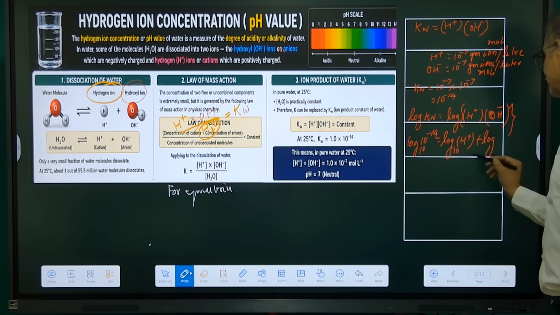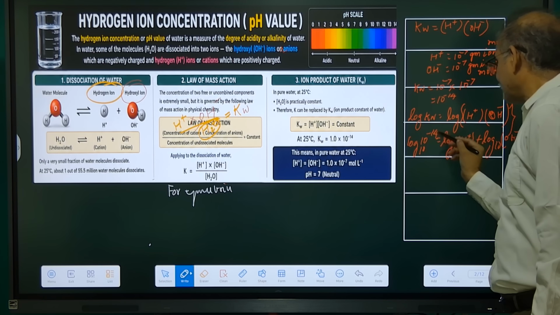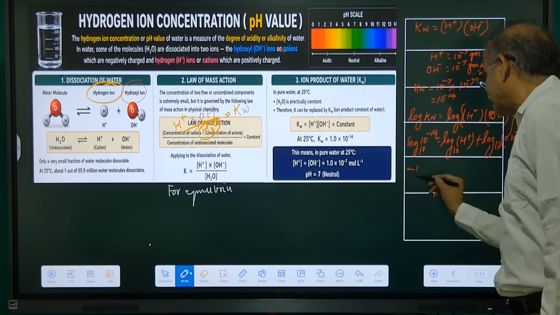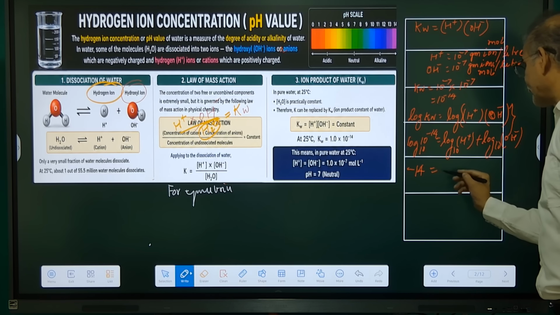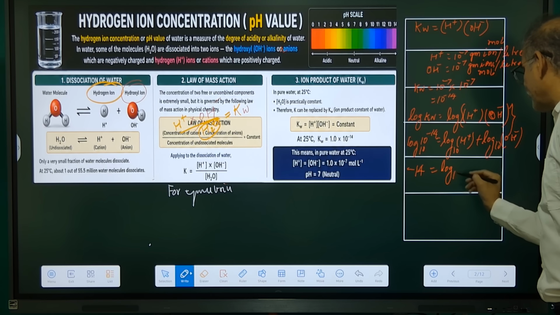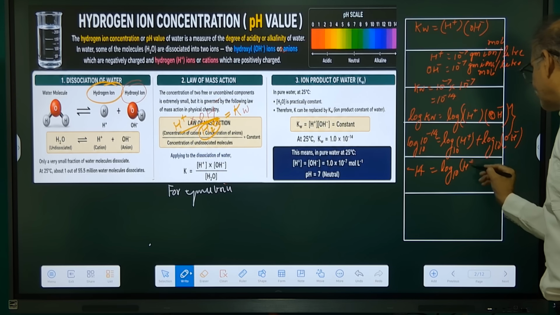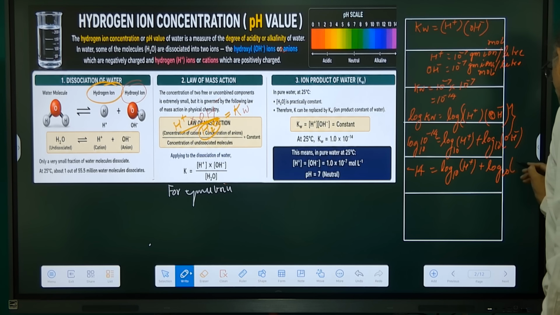Always there will be base 10. Log of 10 to the power minus 14 can be written as minus 14, equal to log to the base 10 H+ ion plus log to the base 10 OH- ion.